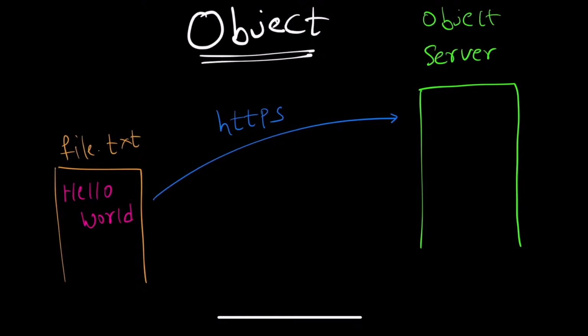object storage server. Now, as and when the file.txt is transferred, object storage server in its turn maintains its own database. I'm not saying that object storage servers are databases, but the object storage server as a whole, if I consider that as an application, this application uses a database behind the scenes, and let's say that database is a key value pair database.